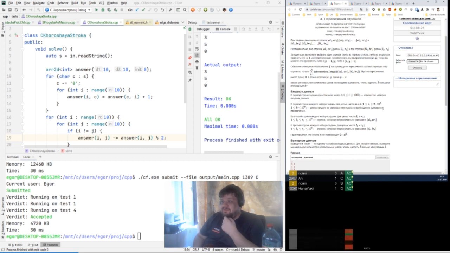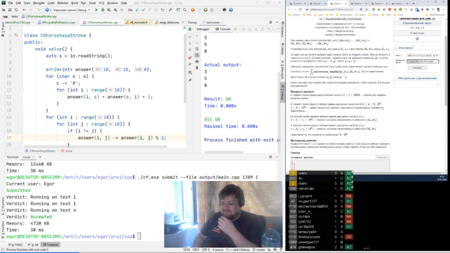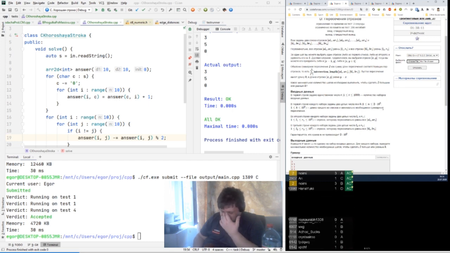So the thing is, we can say that we have a big segment, which is the minimal segment that contains both L1 R1 and L2 R2.